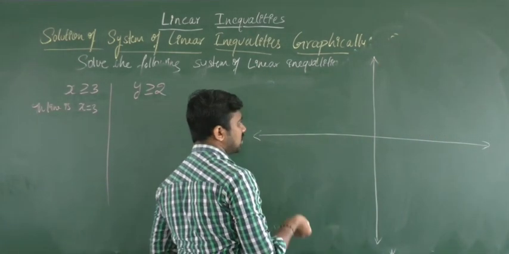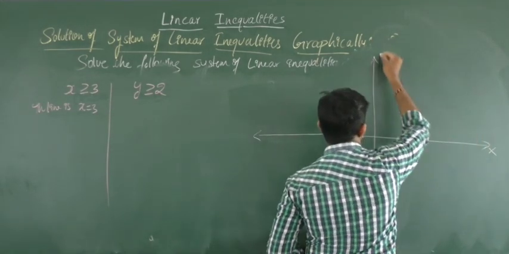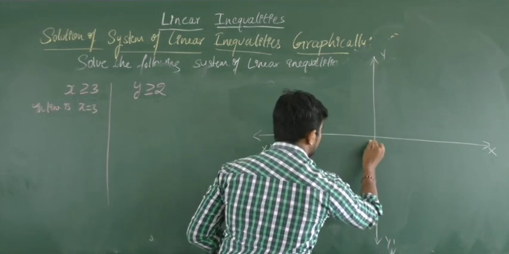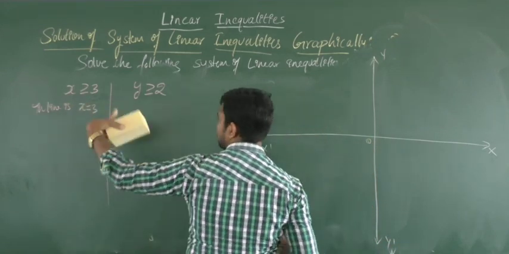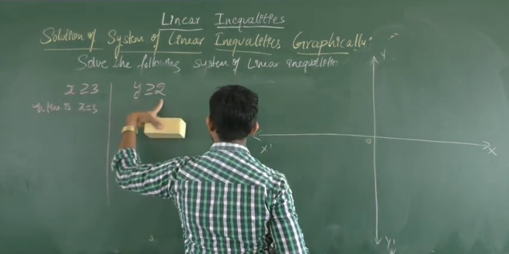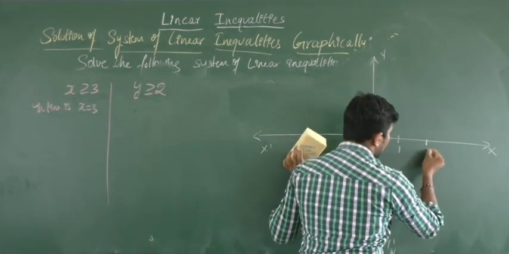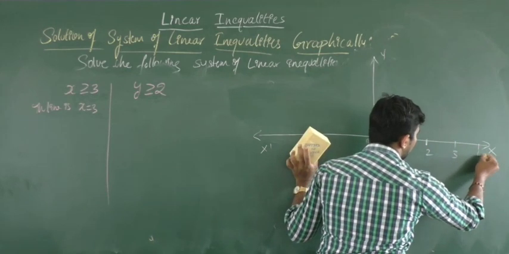Okay, now you can observe here this is the x axis. Mark the axes always: x dash, y dash, origin. After that, the point here on the x axis 3 I need, on the y axis 2 I need, so I can consider the points like this: 1, 2, 3, 4.